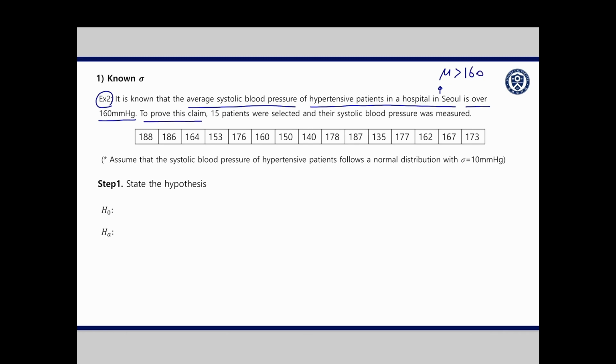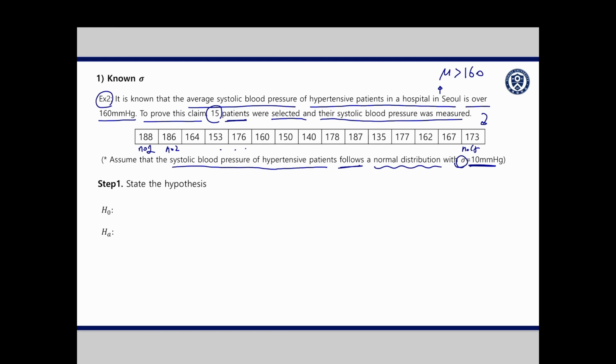To prove this claim, 50 patients were selected and their systolic blood pressure was measured like this: patient number 1, patient number 2, up to patient number 50. We assume that the systolic blood pressure of a hypertensive patient follows a normal distribution with population standard deviation sigma equal to 10.